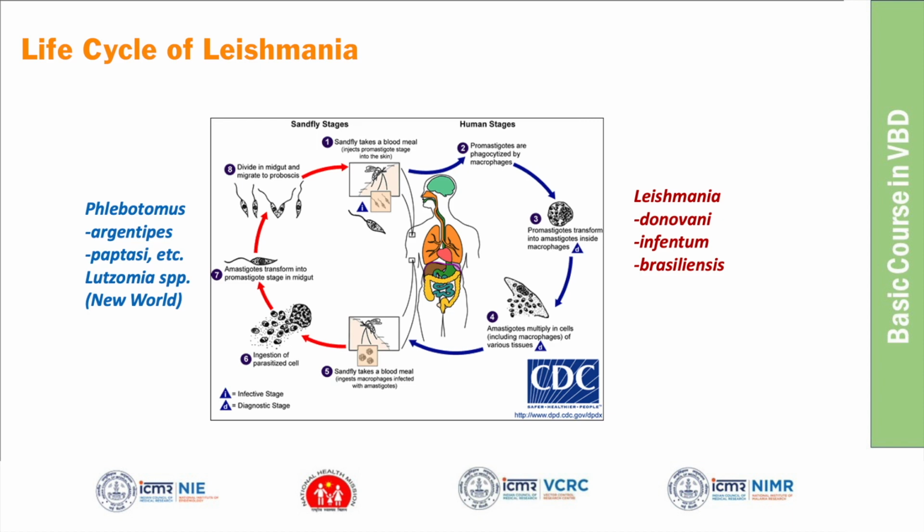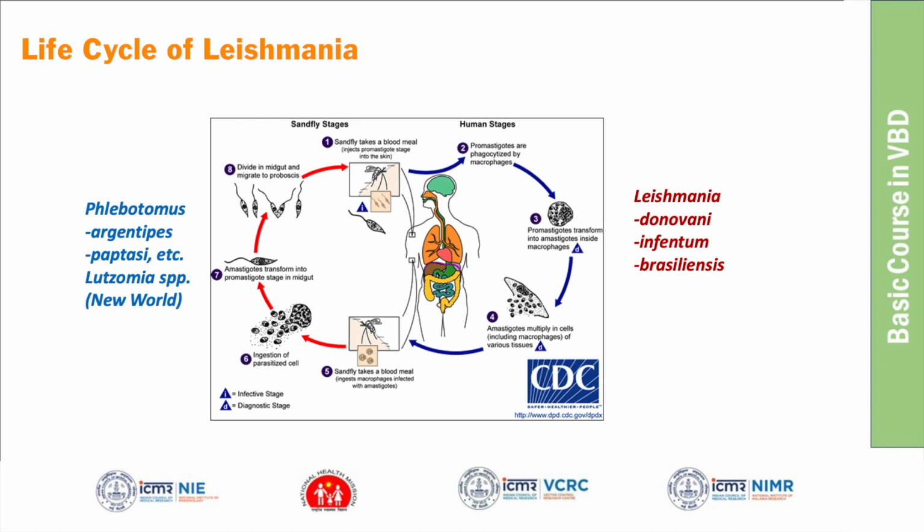The sandfly picks up the amastigotes and ingests the macrophages, and then of course these parasites are released upon ingestion and transform themselves into promastigotes, which multiply and then lodge themselves in the salivary glands of the fly.